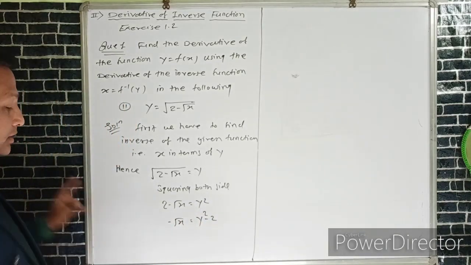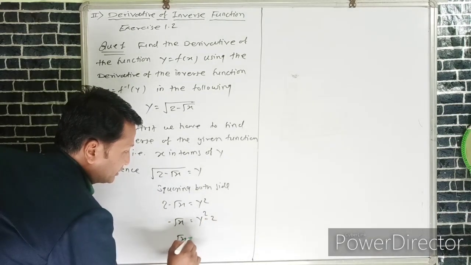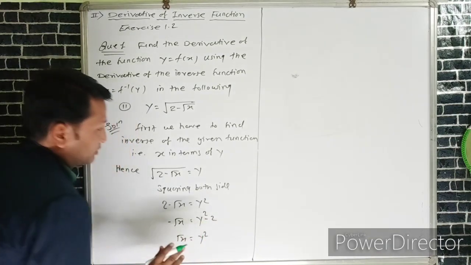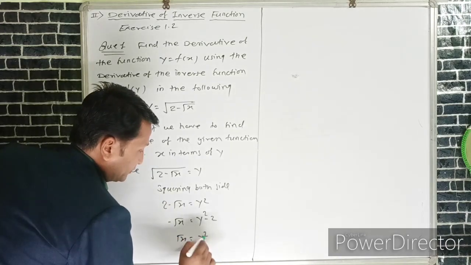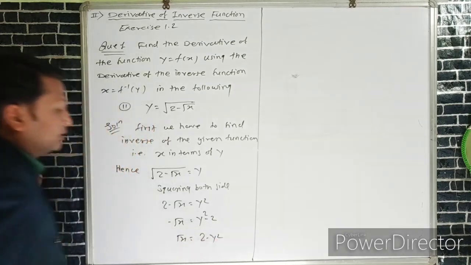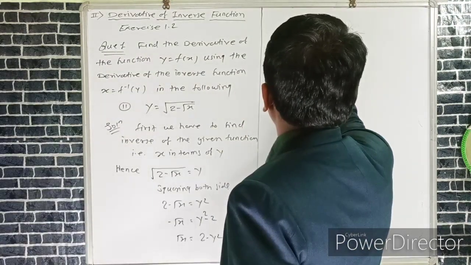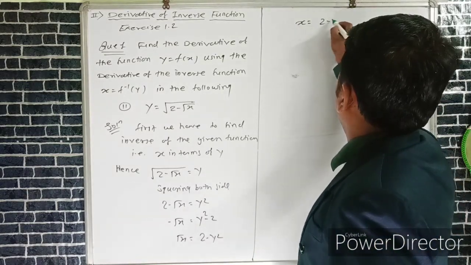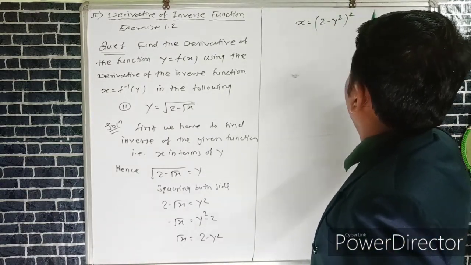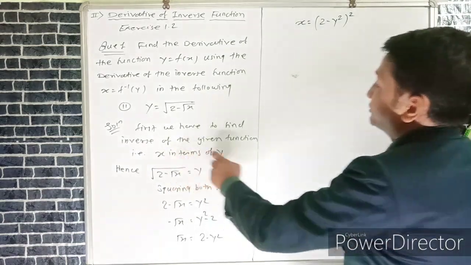If we change the sign of every term, then we can write under root x is equal to 2 minus y square. Now if we take the square on both sides, then again we can write x is equal to (2 minus y square) whole square, which is the required inverse, x in terms of y.